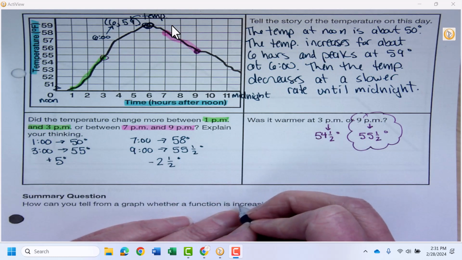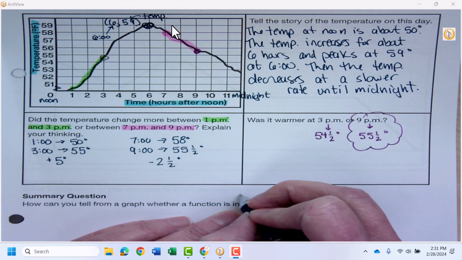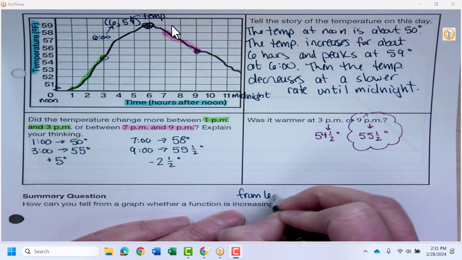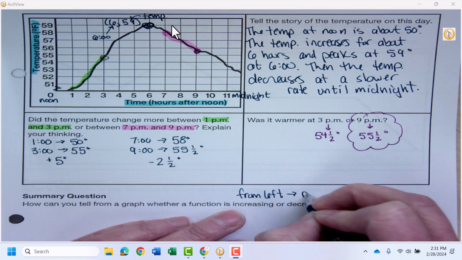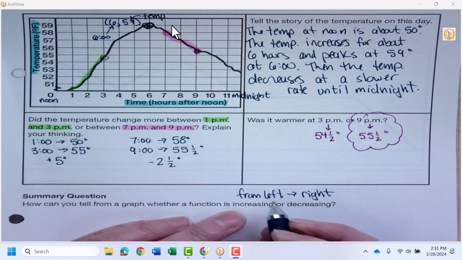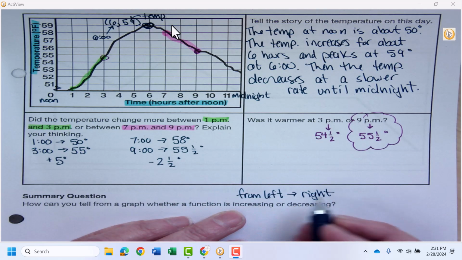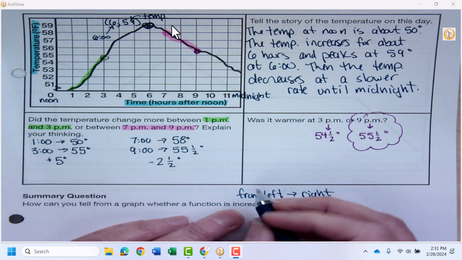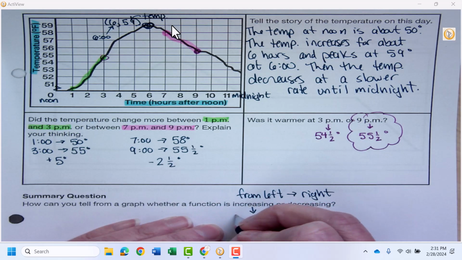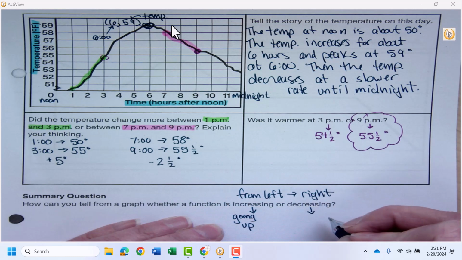We have to be looking at the graph from left to right, just like we'd read a book. From left to right, if the graph is increasing, it's going up. And from left to right, if it's decreasing, it's going down.